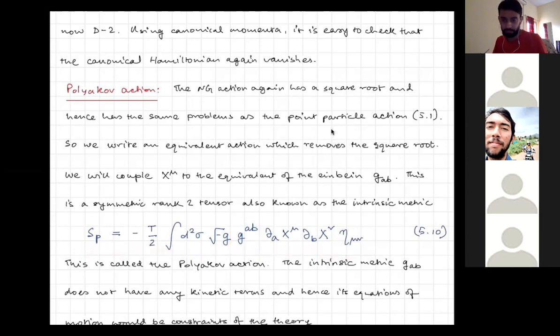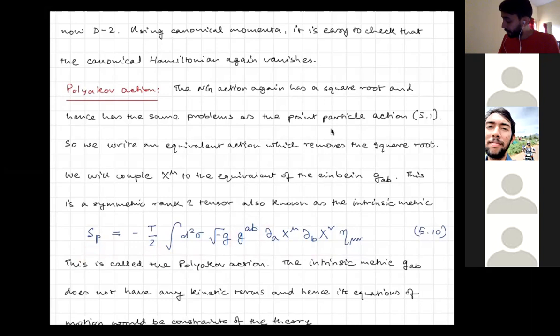This is called the Polyakov action, and you can show in a very similar way, as we indicated for the point particle action, that the Polyakov action and the Nambu-Goto action are one and the same. You take the equations of motion of g_ab, plug it back into this action, and you're going to get the square root action out.